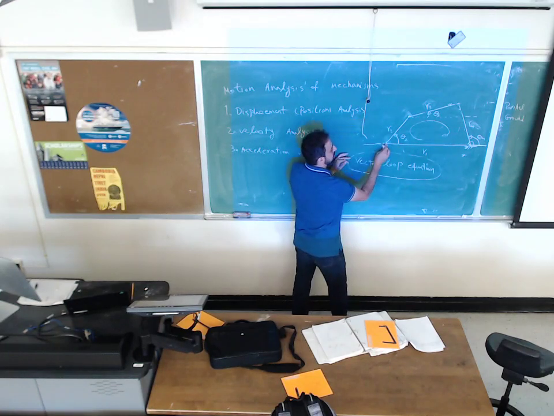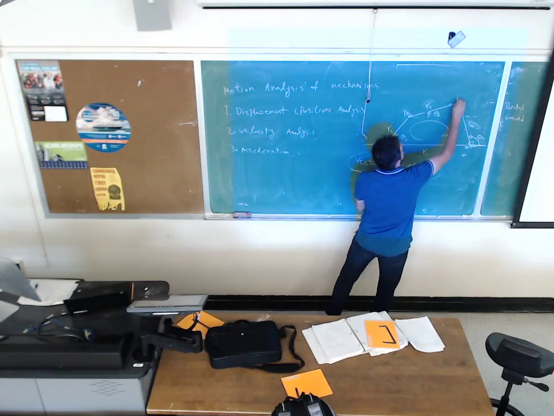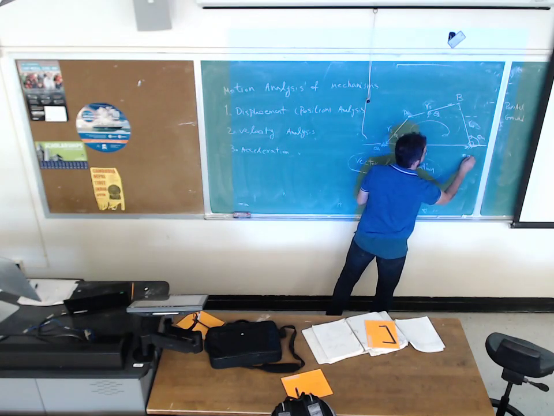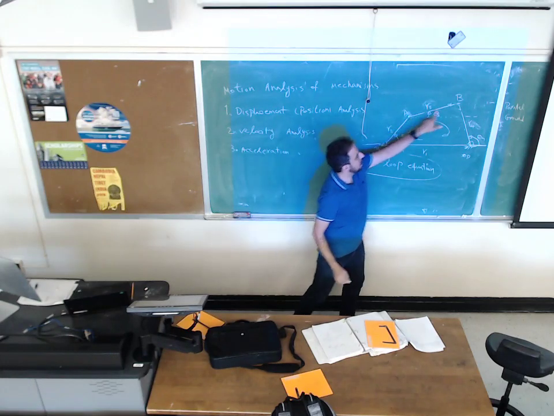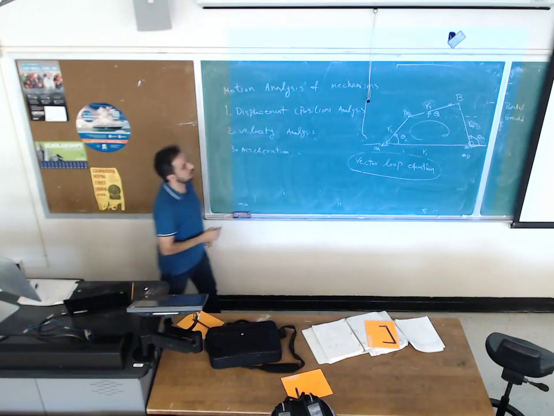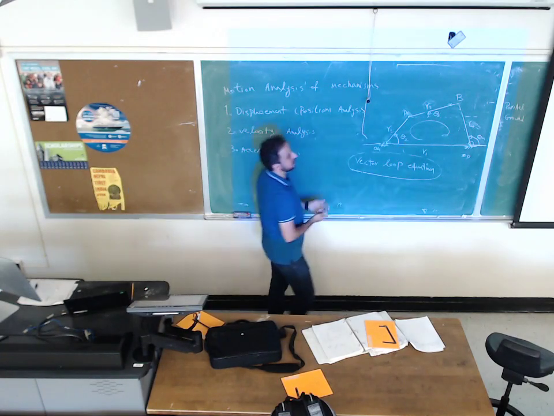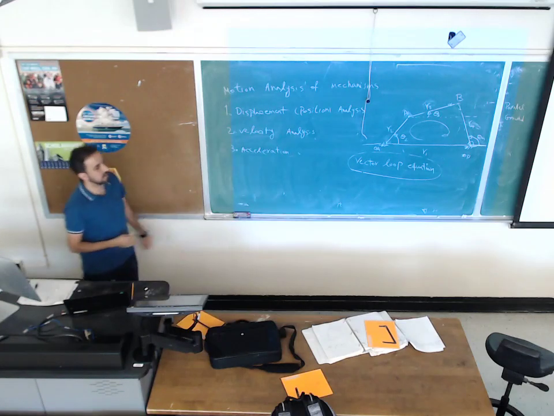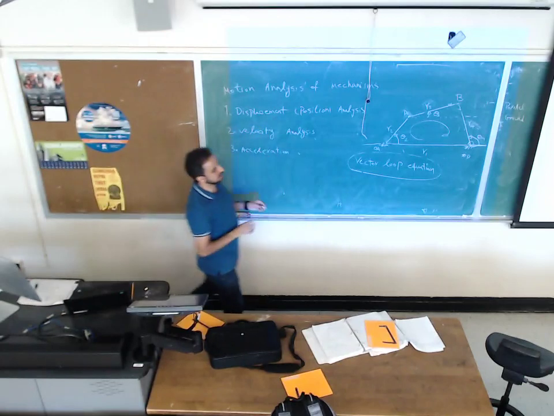You can start from this point, for example, OA, A, B, B OB, OB OA, and make a loop. So this is a loop that you make, and we write the equation for the vector loop. How we can do that, I will talk about when we get there.